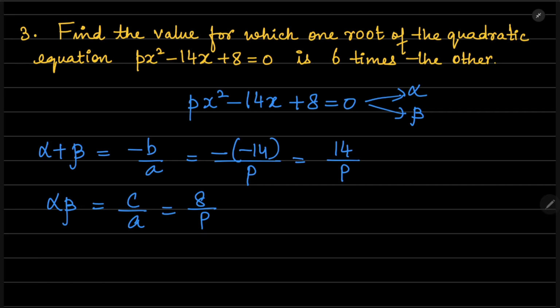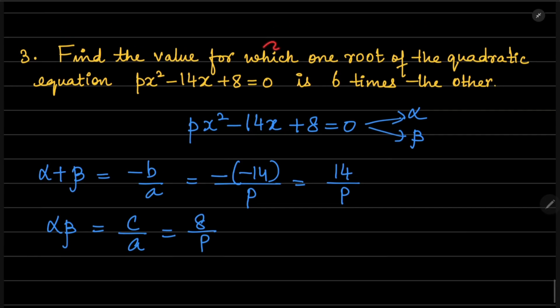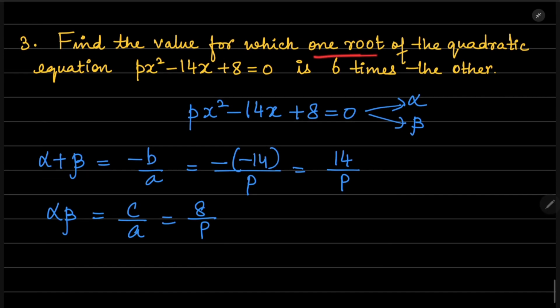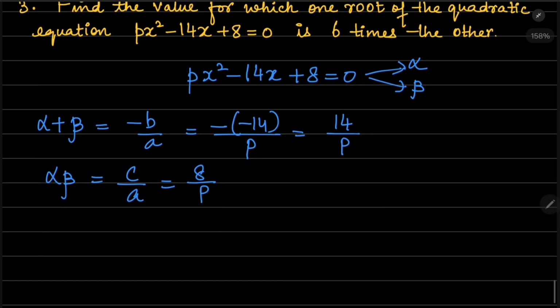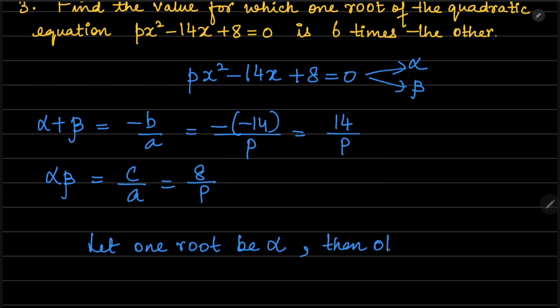Now what is given is to find the value of p for which one root of this equation is 6 times the other. So let your one root be alpha, then the other root will be 6 times alpha, 6 alpha.